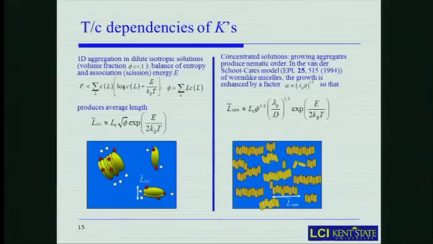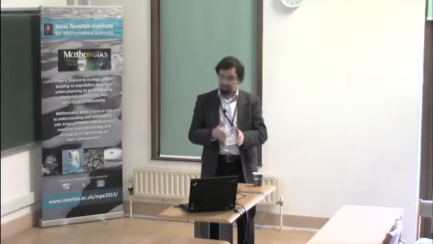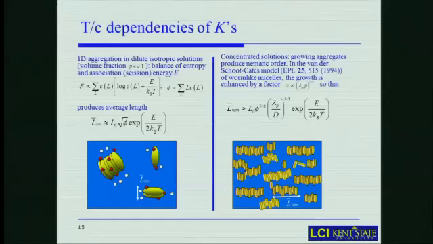And here we just used the approaches developed for so-called worm-like micelles, approximate theories that allowed us to estimate the average length of the aggregates in the isotropic phase and in the nematic phase as a function of energy E, that is the sticking energy of the two molecules, the energy with which they are kept together in the aggregate.